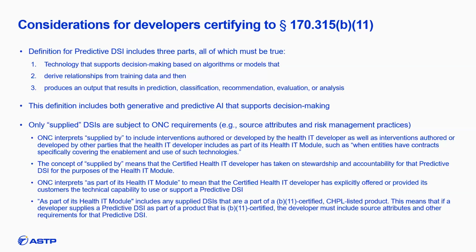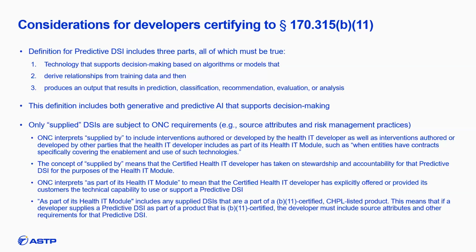ONC is not making that determination on behalf of the developers, but it's certified health IT developers with modules certified to (b)(11). It's your obligation to make that determination for yourself. And essentially, we've got a three-part definition for the technology that would be under the scope of our requirements. This includes both generative and predictive AI that support decision-making.